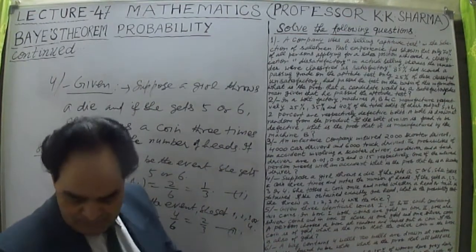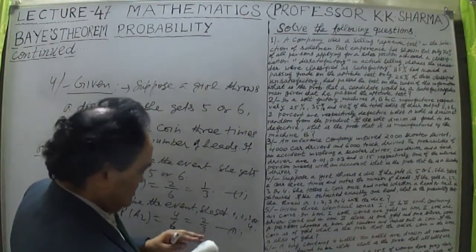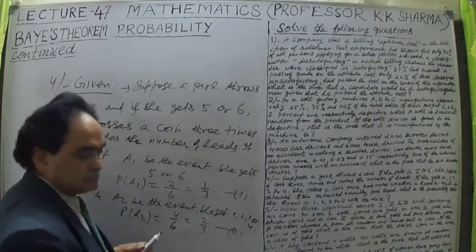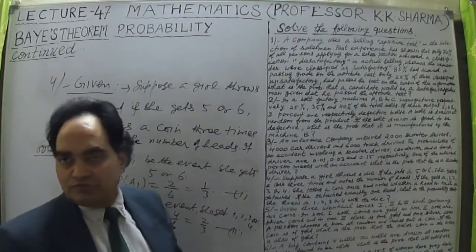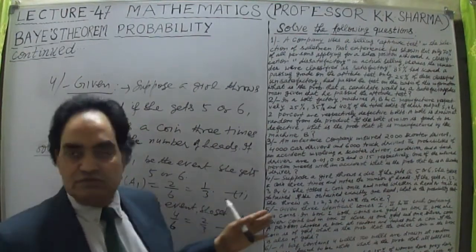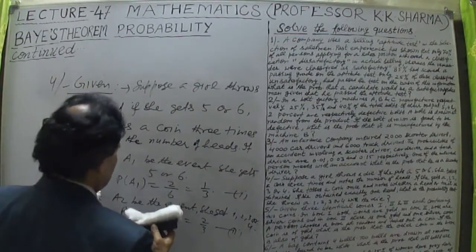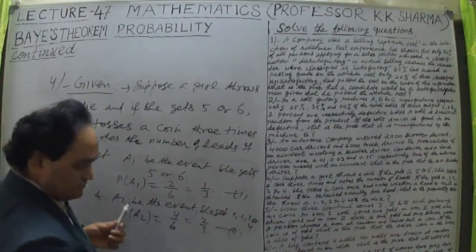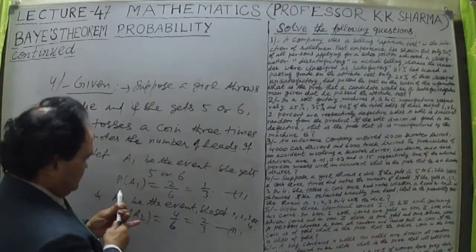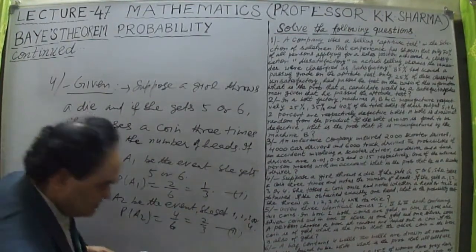Now if she tosses a coin, B is the event of tossing a coin.